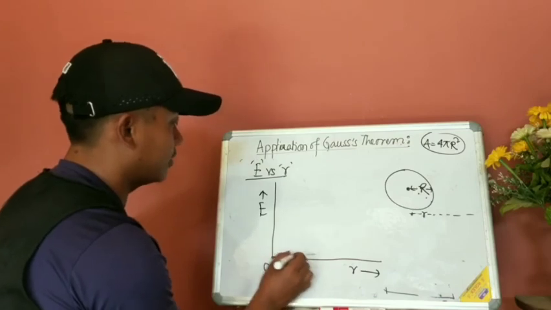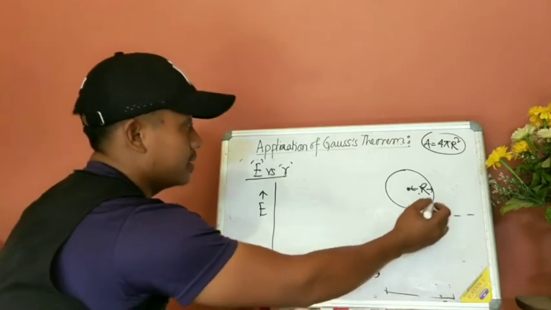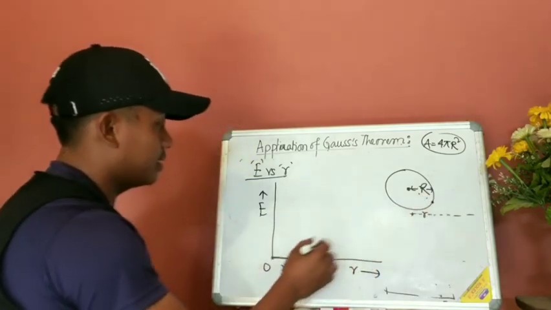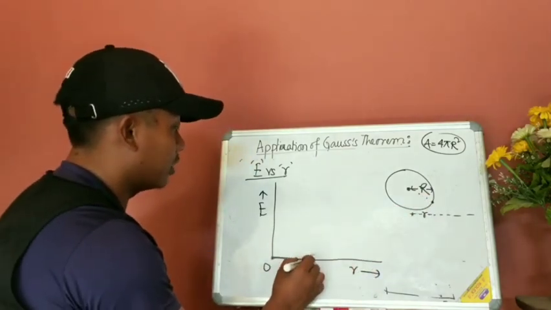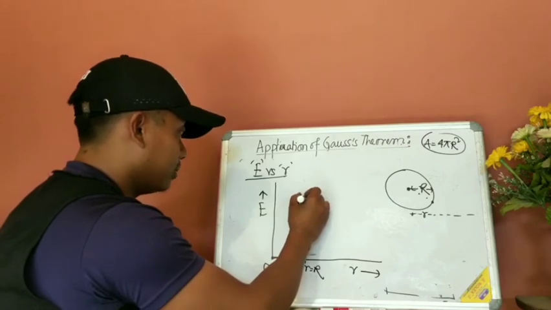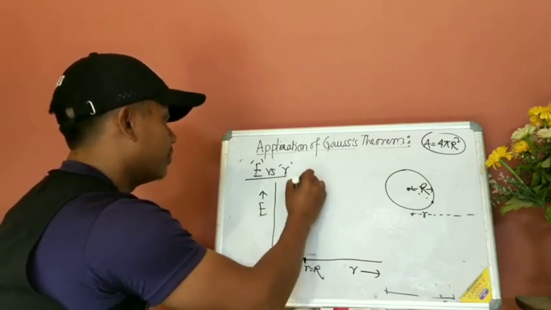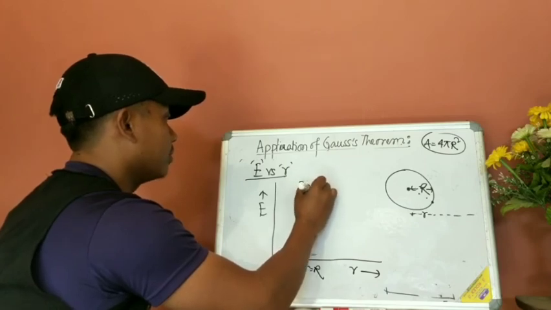Up to here, electric field will be 0. But when the point P lies on the surface, that means r is equal to capital R, then electric field will suddenly rise like this. So E will be maximum here.